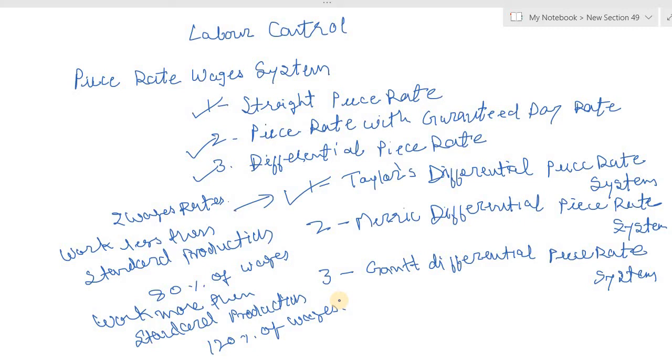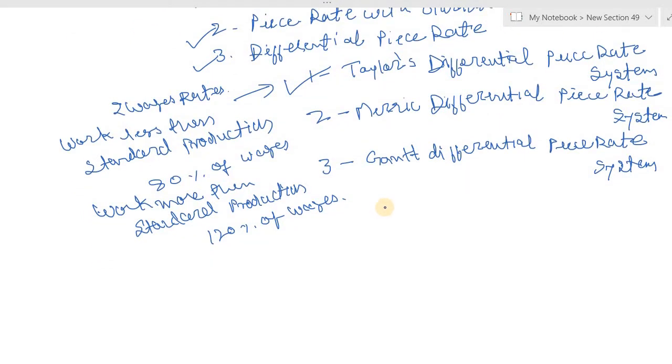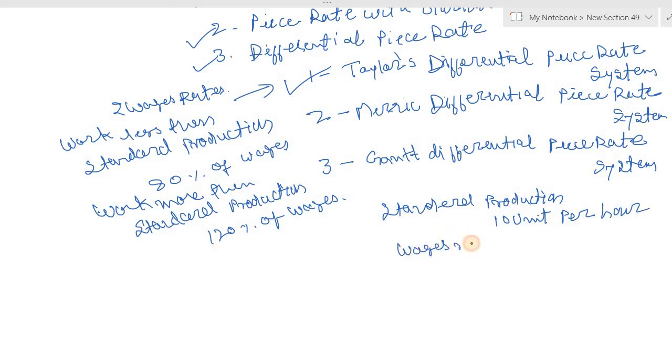Let's take an example. Standard production is 10 units per hour, and the wage rate is rupees 10 per unit.